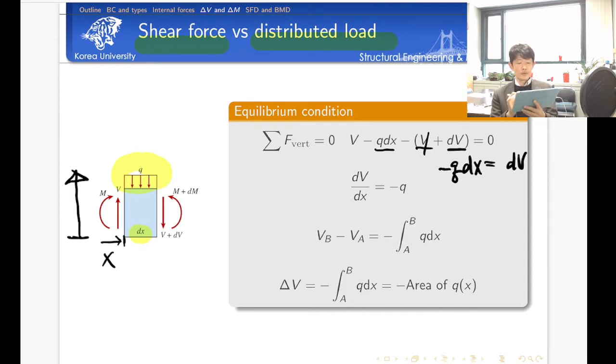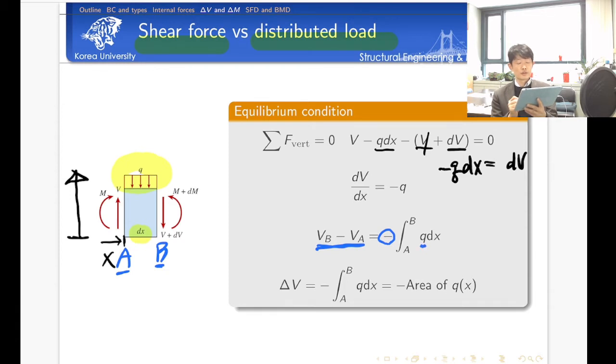If you move dx to the right hand side of this equation and integrate both sides, let's say this is point A and point B. Then any change in internal shear force can be calculated by the integration of the minus sign of the distributed force q.